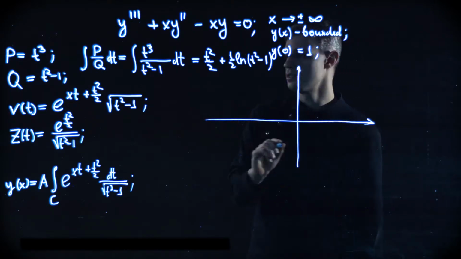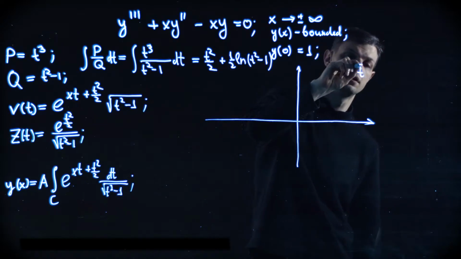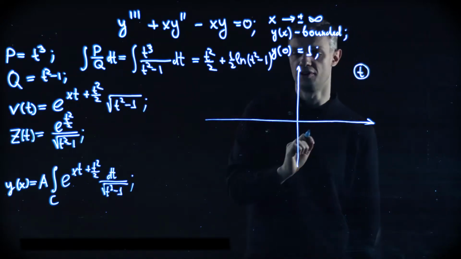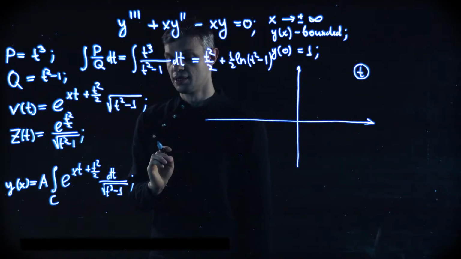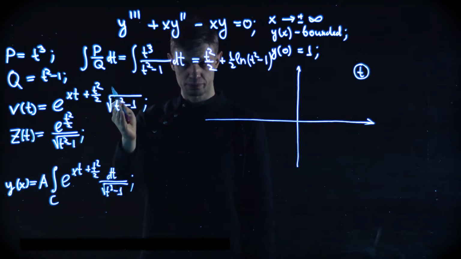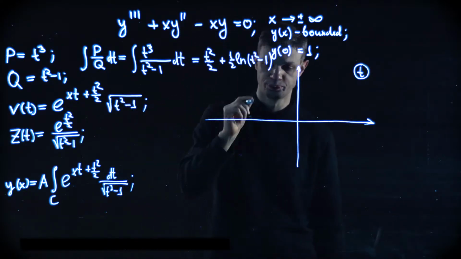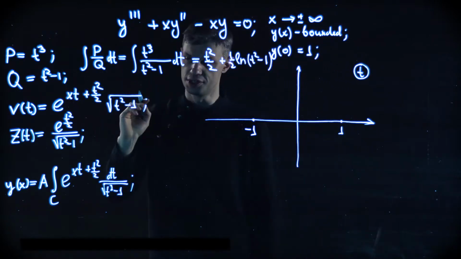it's very easy to find regions in the entire complex plane of complex variable t where v function vanishes. Well, first we have these 2 points, 1 and minus 1, where v function vanishes.